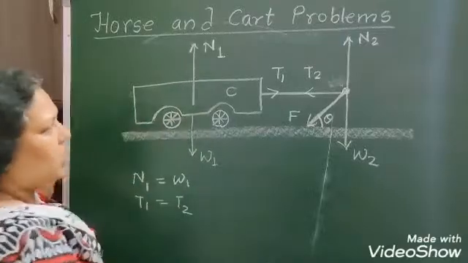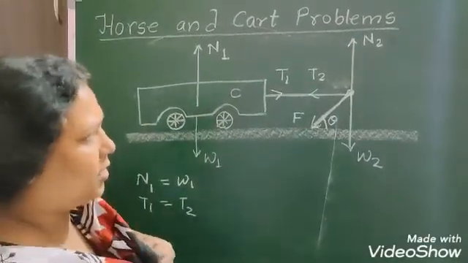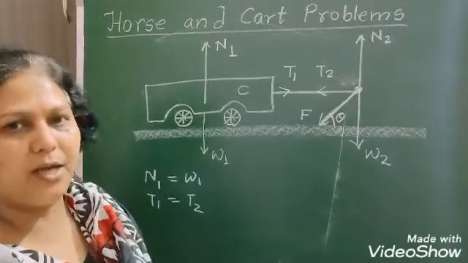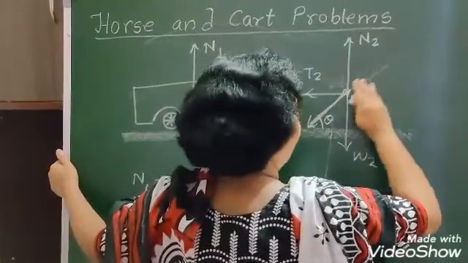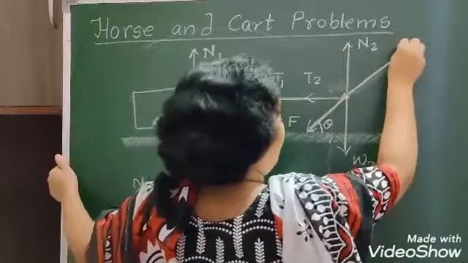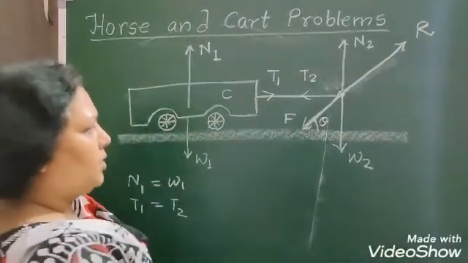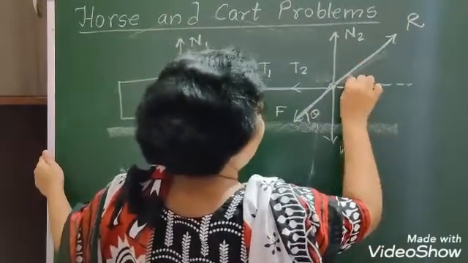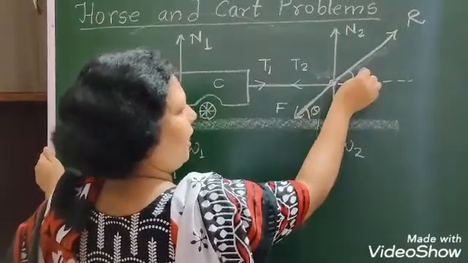Okay. Now as the horse is pushing the ground with its feet, the ground also applies a reaction force, working in this direction, just opposite to the applied force, and this is R. If this angle is theta, this angle is also theta, as these two are corresponding angles.